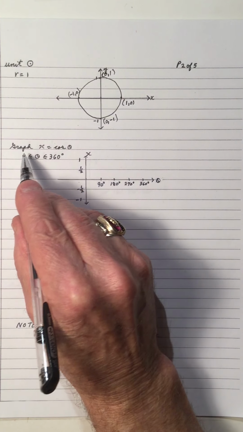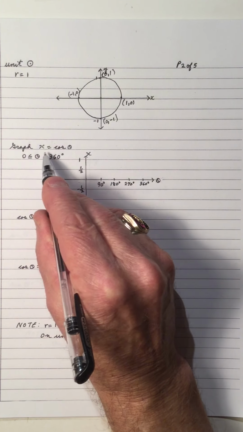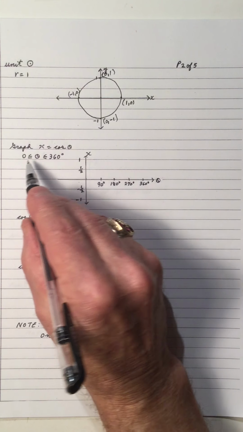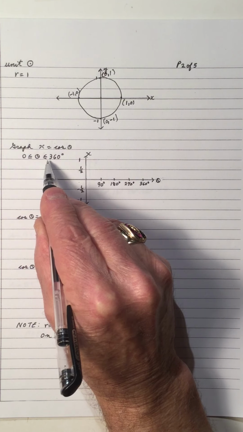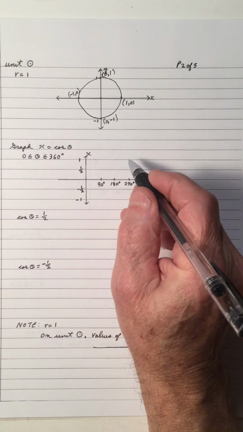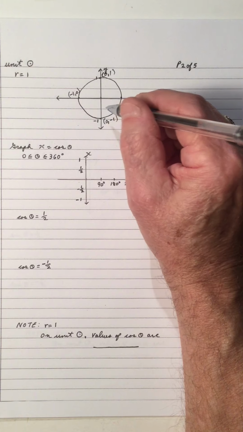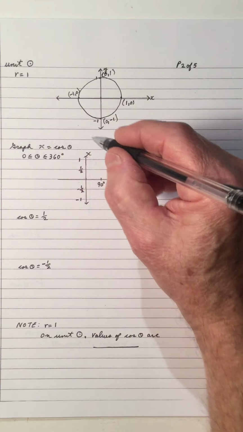And let's do the graph of x equals cos theta. Cos theta is in terms of x. And we're going to go from 0 less than or equal to theta less than or equal to 360. So we're going to go all the way around the circle in the positive direction. So cos is the x.